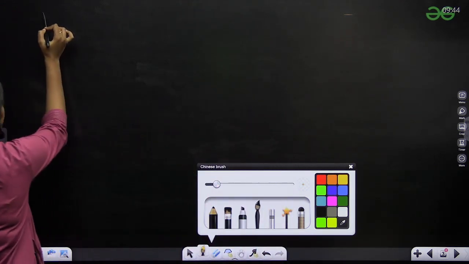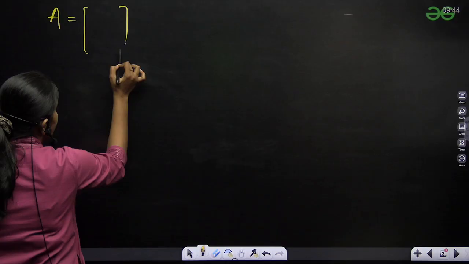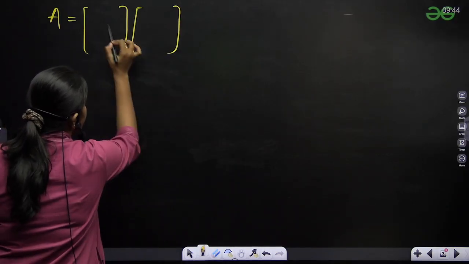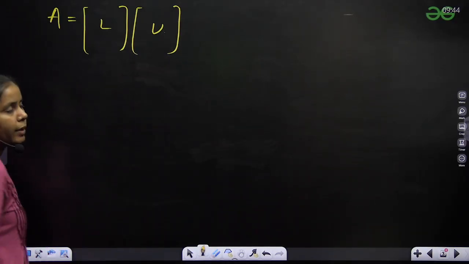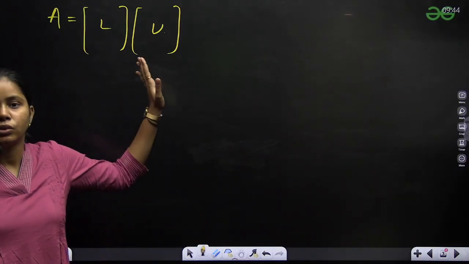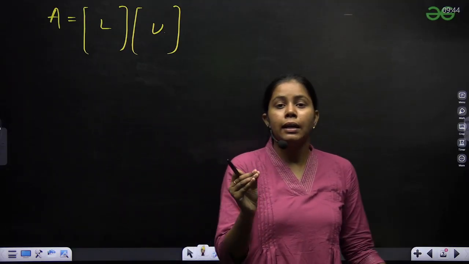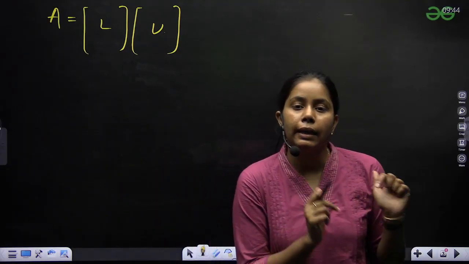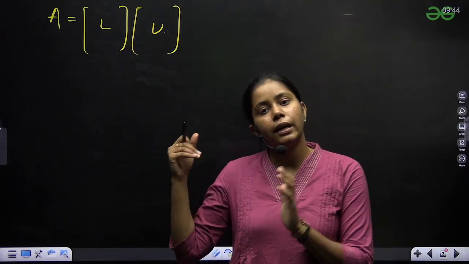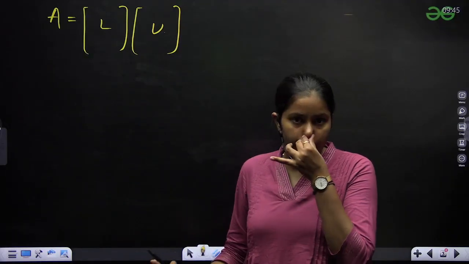We have said that any matrix A can be decomposed into LU decomposition, where L is my lower triangular matrix and U is my upper triangular matrix. But before that, I have to define either that the diagonal entries of L are 1, or that the diagonal entries of U are 1. Then I'll be able to find the LU decomposition.